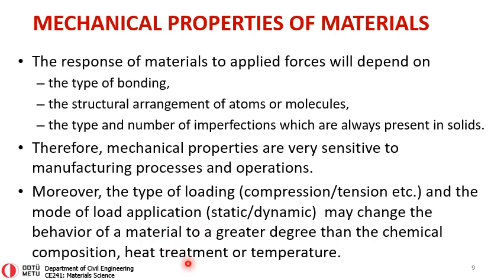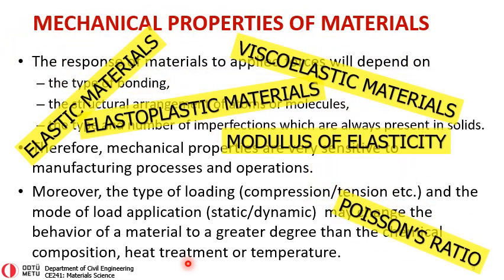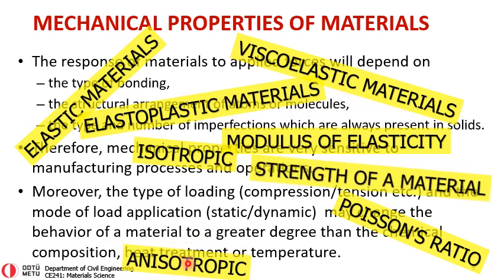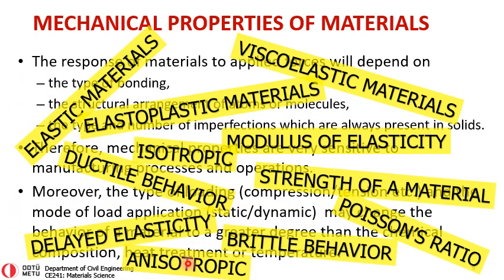And throughout the rest of the course, you will be hearing terms like elastic materials, elastoplastic materials, viscoelastic materials, modulus of elasticity, Poisson's ratio, isotropic, anisotropic materials, ductile versus brittle materials, delayed elasticity, etc.